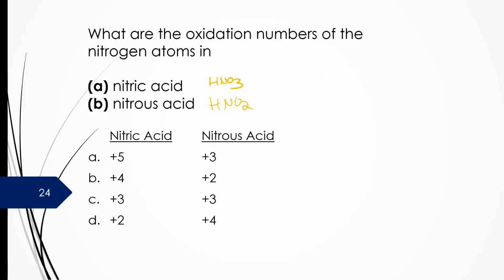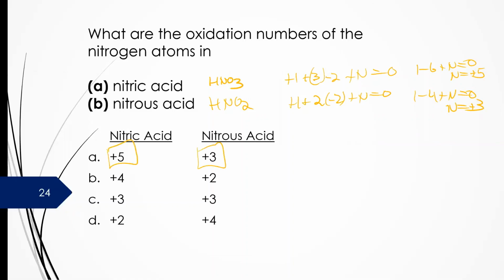If we want to look at our oxidation numbers, our hydrogen is a +1, our oxygens are each -2, and then we have our nitrogen, and all that has to equal 0. So for HNO3, this becomes 1 minus 6 plus nitrogen equals 0, so our nitrogen must be +5. For HNO2, we have 1 minus 4 plus nitrogen equals 0, so our nitrogen must be +3. So in nitric acid, nitrogen is +5, and in nitrous acid, it is +3.